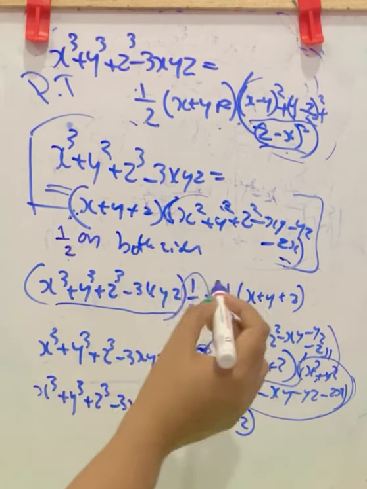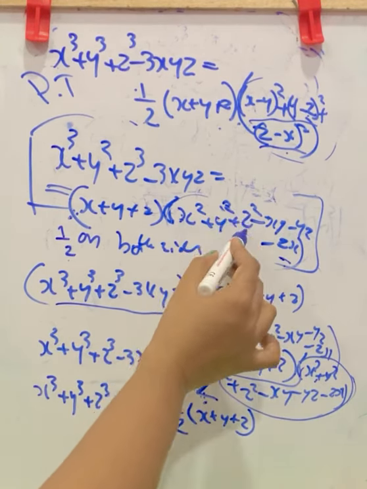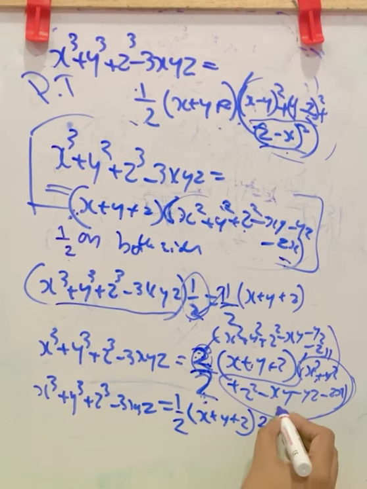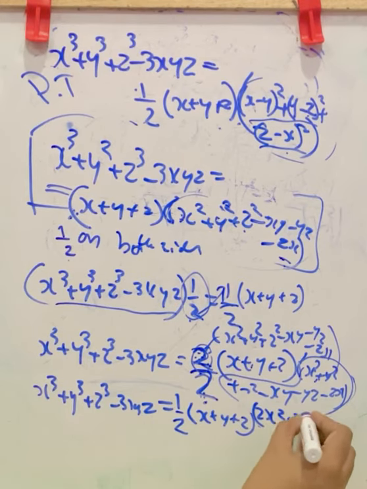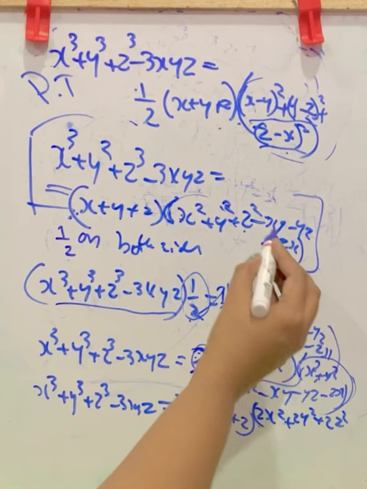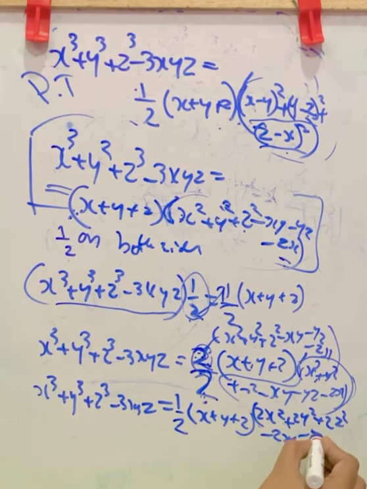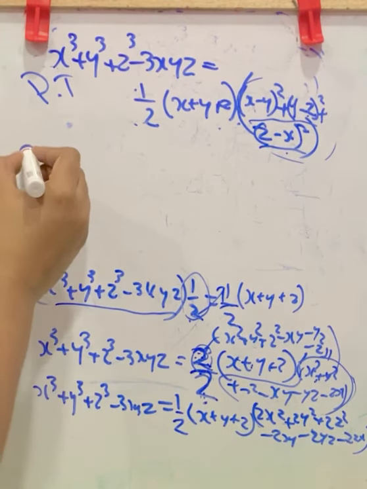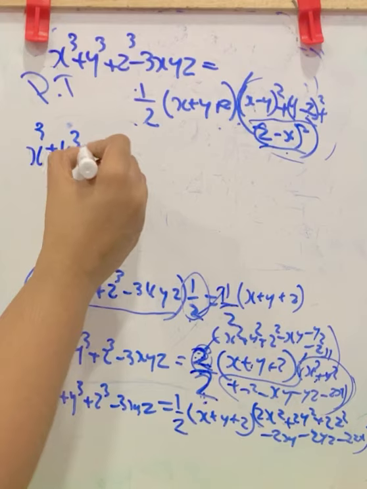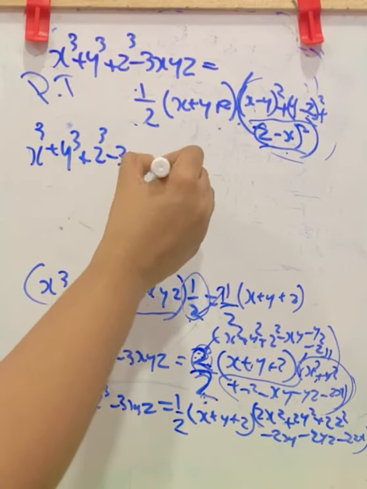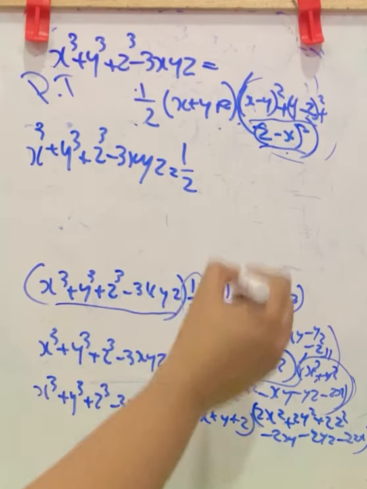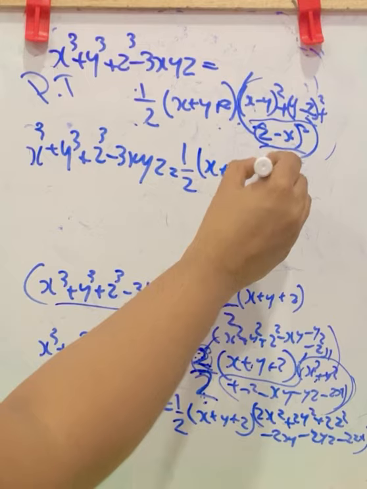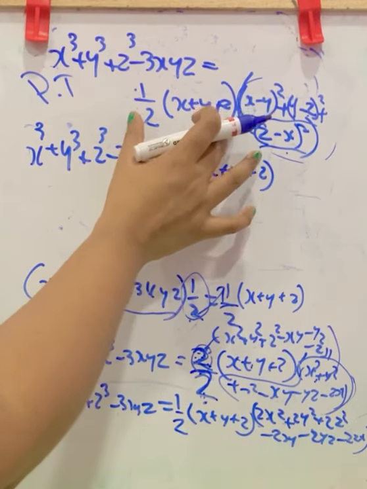So this becomes 2x square plus 2y square plus 2z square minus 2xy minus 2yz minus 2zx. Close the bracket. I am writing the balance here, x cube plus y cube plus z cube minus 3xyz in the LHS part. In the RHS part we have 1 by 2 into x plus y plus z. Till this we have already proved in the question.